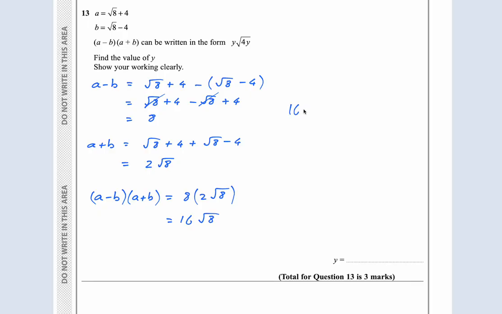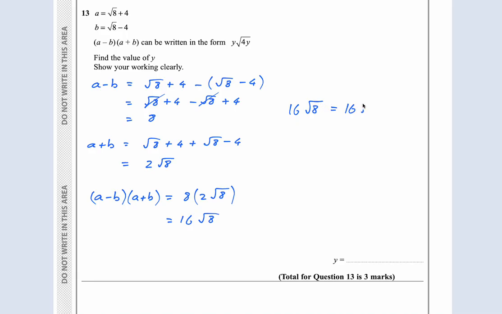16 root 8. Now note, he wants this as root 4 times something. So root 4 times y. Now I'm going to change this. 16, let's leave the 16.